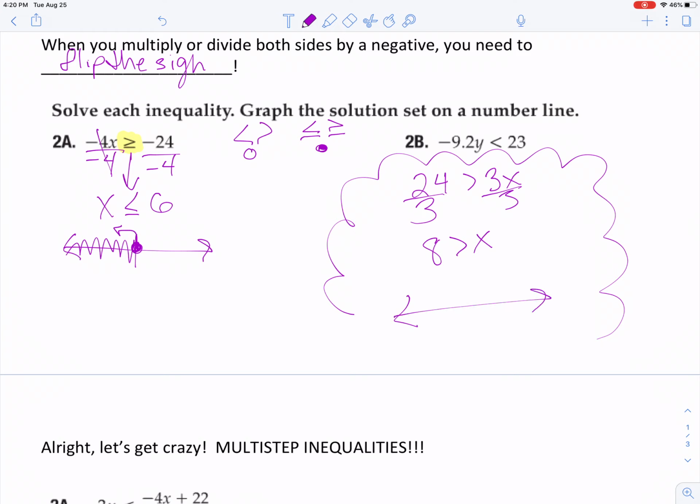I want to write these so that the variable is on the left-hand side. So I'm going to do x and 8. I'm going to have to switch this sign. Think of it like alligator teeth: if it's eating the 8, it should still be eating the 8 when you flip it over like that. So this would be a circle. X is smaller than 8, so it shades to the left.